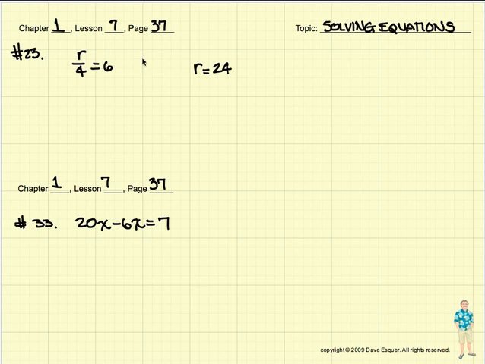I think perhaps if we ended up with just an r by itself, we somehow magically got rid of this denominator of 4. What we could do is multiply both sides by 4.